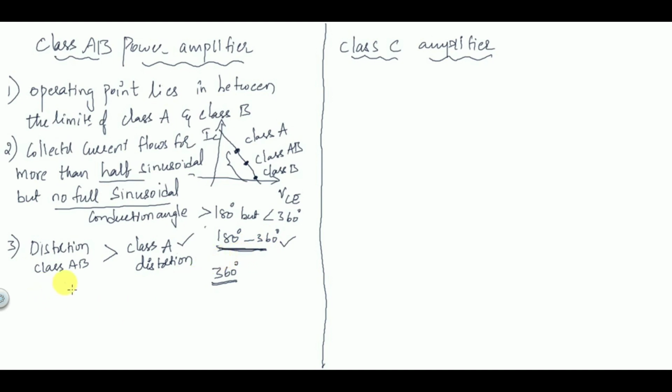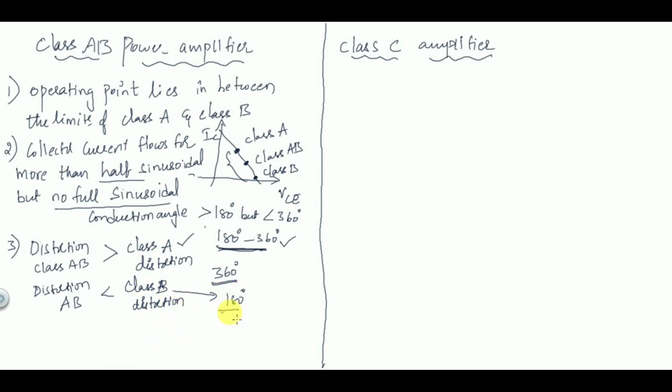But this distortion in class AB amplifier is less when compared to class B power amplifier distortion, because the conduction angle for class B power amplifier is 180 degrees.